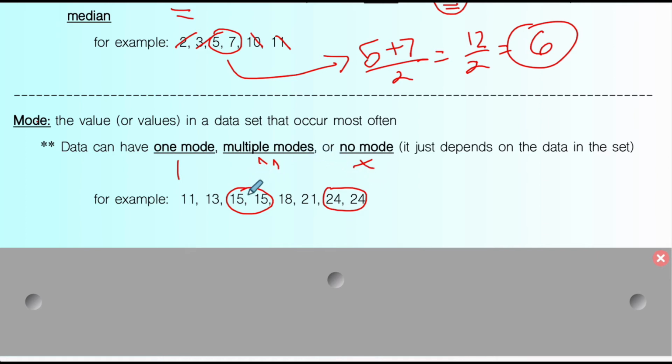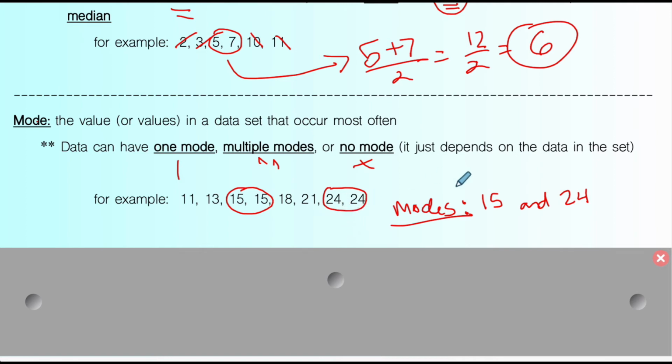A set of data can have one mode, multiple modes, or no mode. Sometimes there's going to be one number that occurs more frequently than the others. That would be your mode. Sometimes, like in this scenario, you're going to have more than one mode. Modes, plural. 15 and 24. In this scenario, 15 occurred twice and 24 occurred twice.